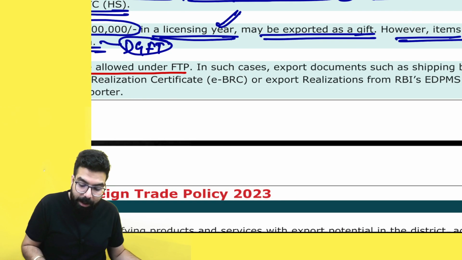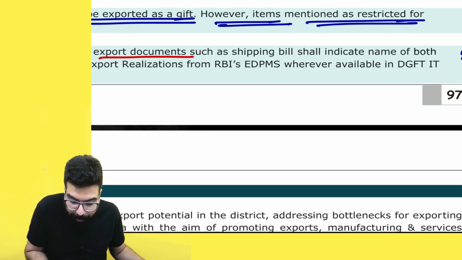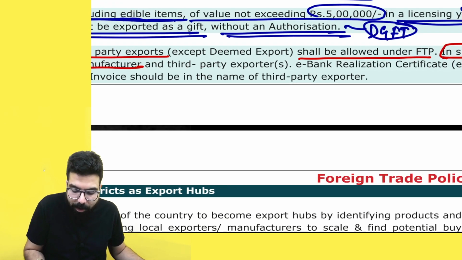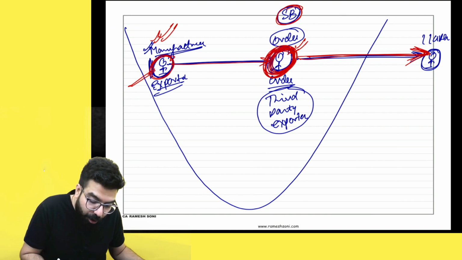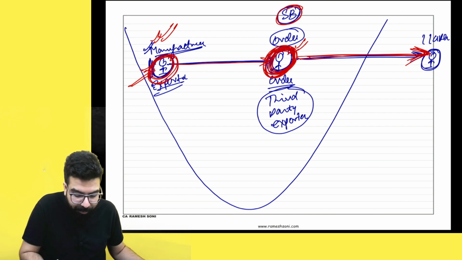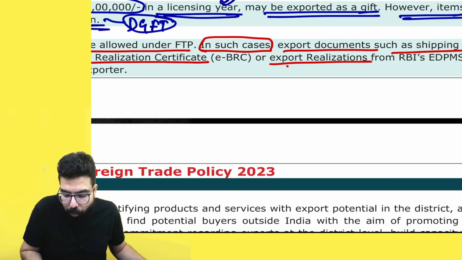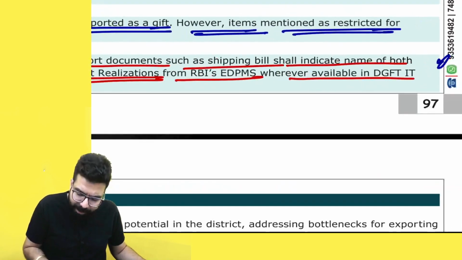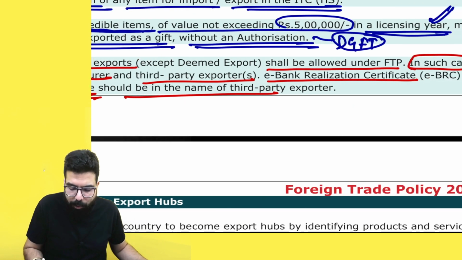But they are telling, in such export, what are the conditions? Export documents such as the shipping bill shall indicate the name of both the manufacturing exporter, or the manufacturer, and the third party exporter. So when the shipping bill is being filed for the export, his name should be there, plus your name also should be there. Only then will you get benefits under the foreign trade policy. Then they are telling, bank realization certificate, export realization from RBI, wherever applicable in the DGFT's information technology system, export order and invoice should be in the name of the third party exporter.